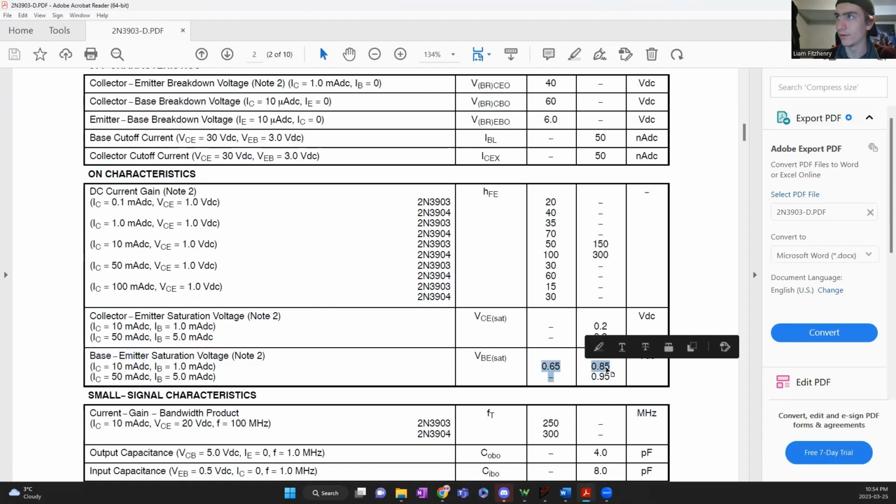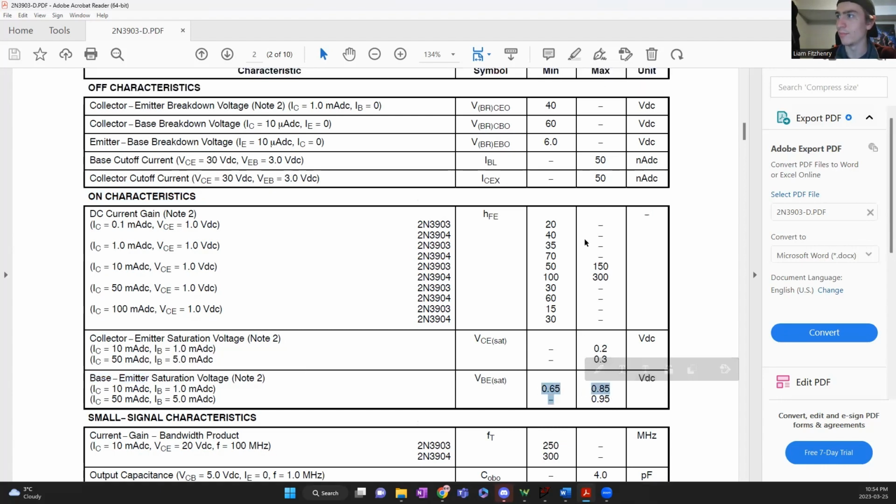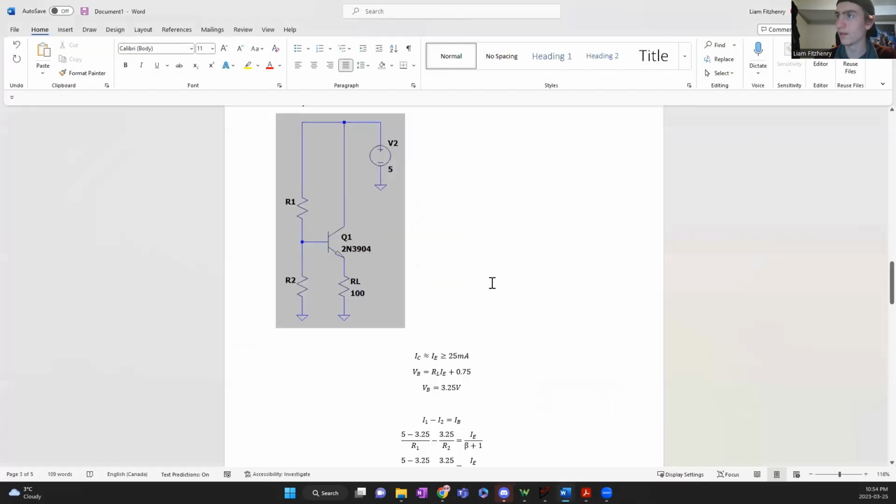So we're given a few different values. We've got min, max, and then it also is slightly dependent on your collector current. So I went with a value in between all of these. I went with 0.75 just because it's in between these two different values. So we'll go back here and we're subbing 0.75 for our voltage jump across this junction here.